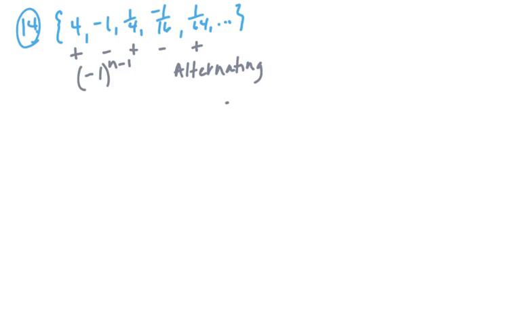So now, negative 1 to the 0 power is even, so it's positive. And then when I have the second term, 2 minus 1 is 1, so negative 1 to the first power is negative. So that handles the alternating signs. Hint, with alternating, you're either going to have negative 1 to the n or negative 1 to the n minus 1. So that's your hint for alternating sequences.